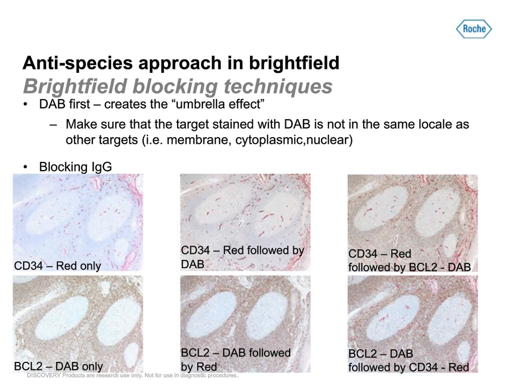However, on the bottom, when you detect the BCL2 with DAB first, and then you follow it by red, there is no room for the mouse detection that would generate the red signal to falsely bind to the first antibody, which in this instance is BCL2. So use that DAB to your advantage when multiplexing. So long as you're not trying to co-localize, that umbrella effect property of DAB can be very beneficial.